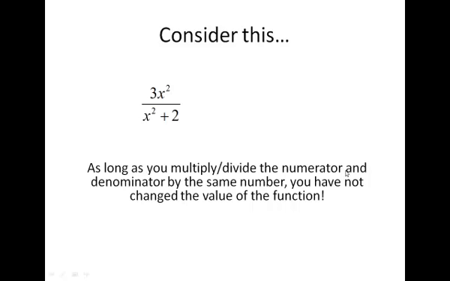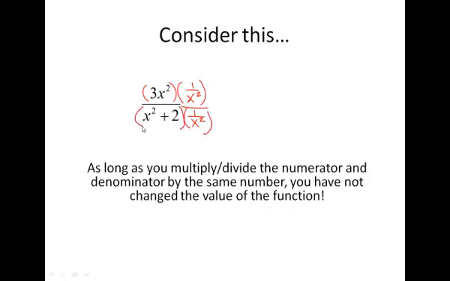I just want you to consider this, because I am going to be introducing a shortcut soon for determining horizontal asymptotes, so that you don't have to plug in larger and larger values and then determine what the y's are, so you don't have to do those charts every time. Keep in mind, if I take this entire top and multiply it by 1 over x squared, then as long as I do that to the bottom as well, I'd be okay.